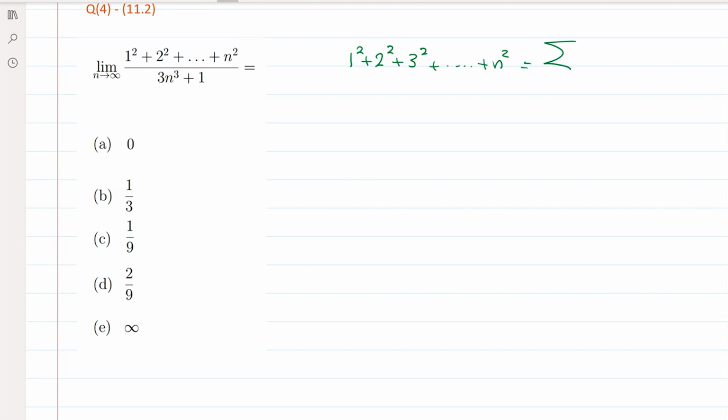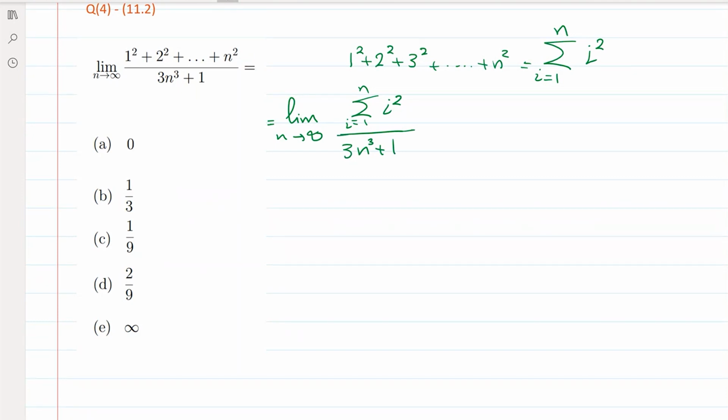This is equal to the sum of i squared, i from 1 to n, right? This is exactly what we have. Now, the limit becomes like this: limit as n goes to infinity of the sum of i squared, i starting from 1 till n, over 3n cubed plus 1. Then what?